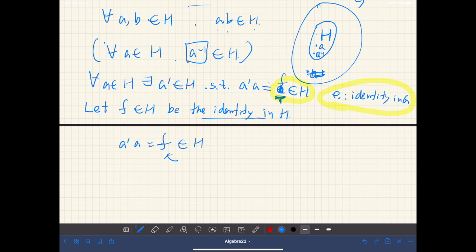We are going to show that this F is actually the same element as E, the identity element in G. Okay, to show this, consider F prime. And since F is an identity element in H, F times F is equal to F.